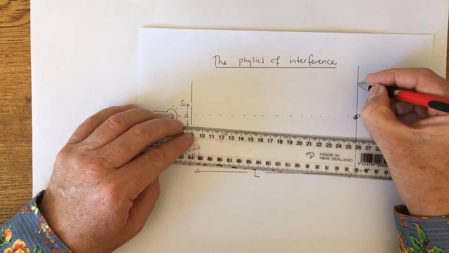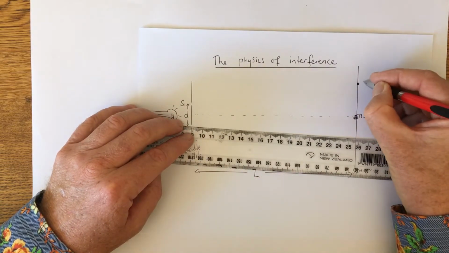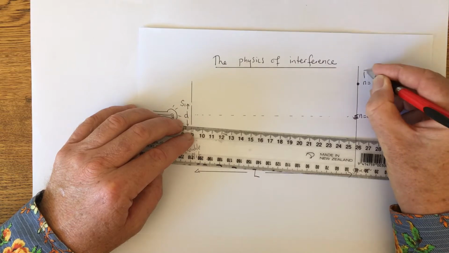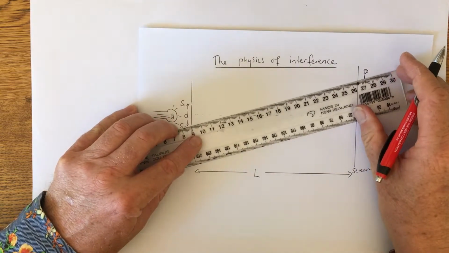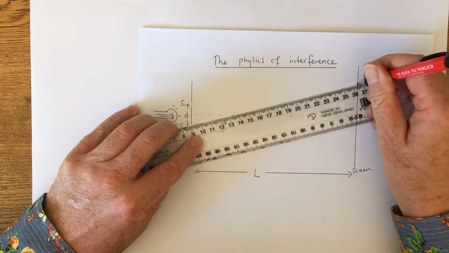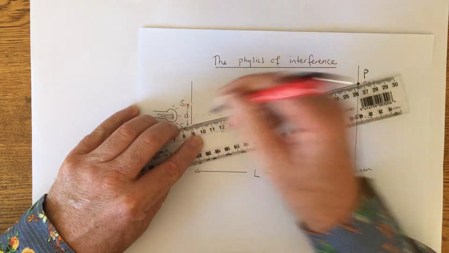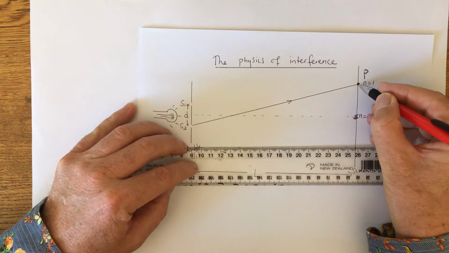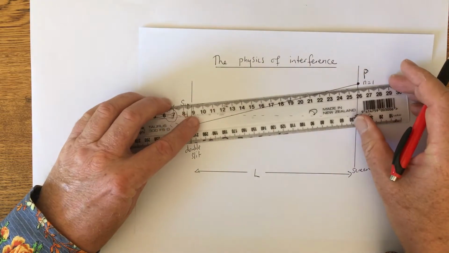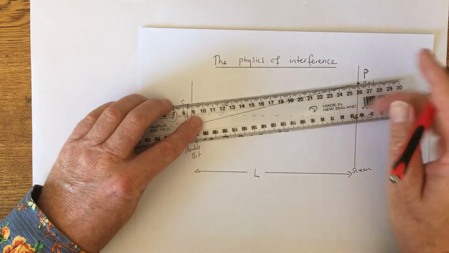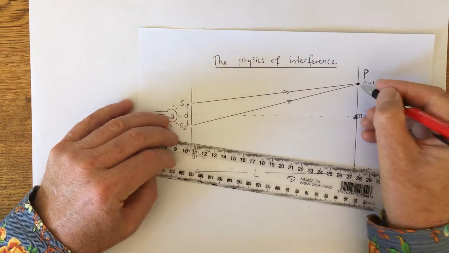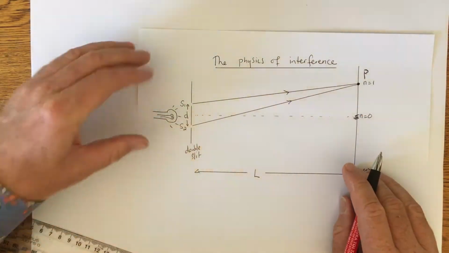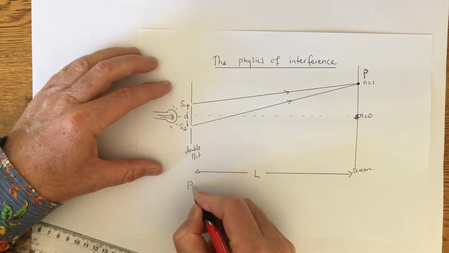But if I was to choose a point here, and this point here is n equals 1, and we'll call this point P, if I was to draw a line from S2 going up to P there, and I was to draw another line going from S1 going up to P, there is a path difference, and I talked a little bit about this.